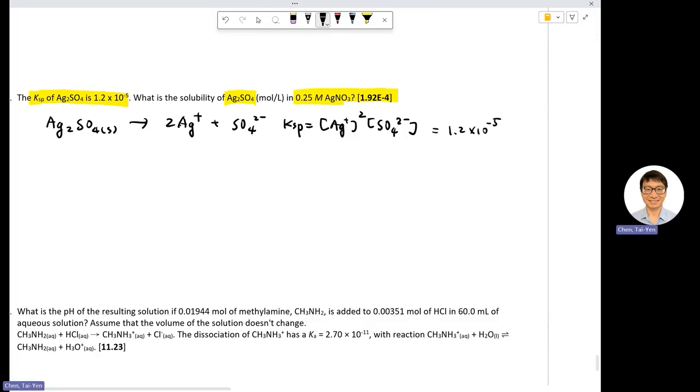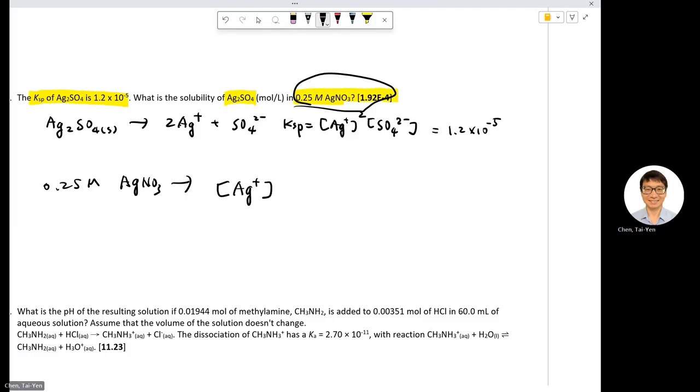And then when we look at this equation, this 0.25 M AgNO3 is trying to tell you the Ag concentration that can be contributed from this specific solution. Okay, so hopefully by now you will see the Ag plus concentration will also equal 0.25 M.